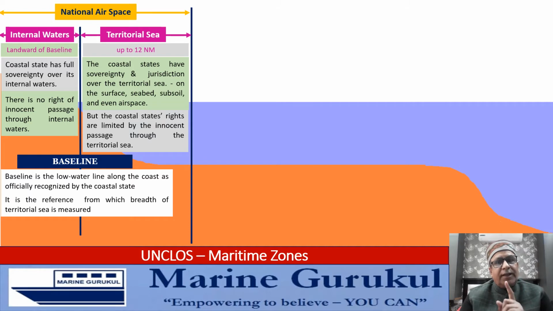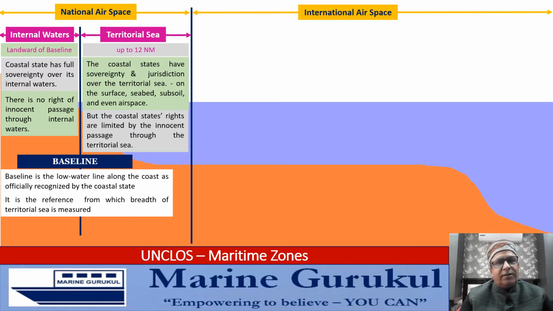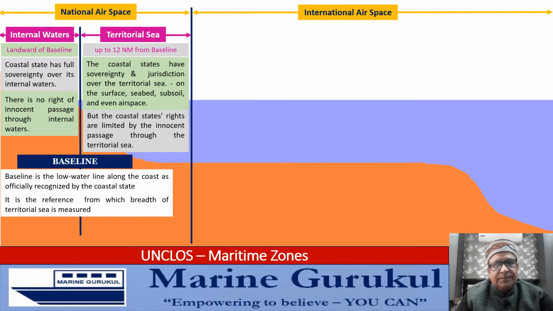So national airspace is exclusive and the coastal state has complete jurisdiction over it. The airspace to the seaward of this territorial limit is what we call international airspace, which is open to aircraft of all the countries.